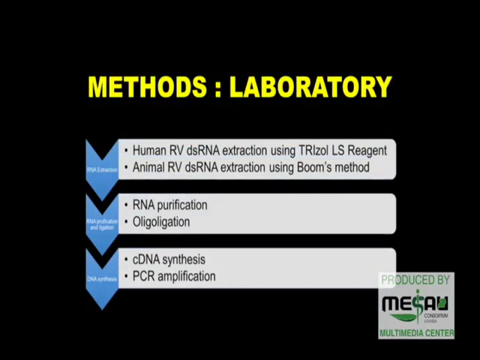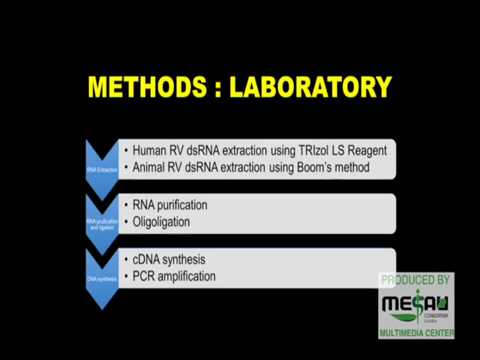For the laboratory methods, on the stool samples from the humans and the animals, we extracted RNA. We used the TRIzol LS reagent to extract double-stranded RNA from the human samples, and we used the Boom method to extract double-stranded RNA from the animal samples.